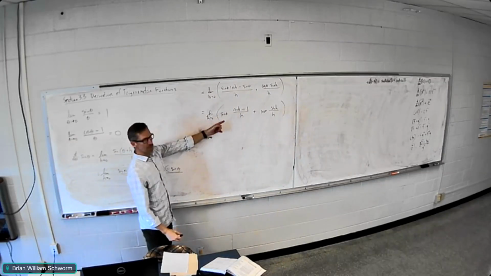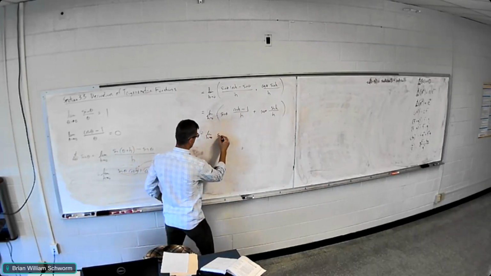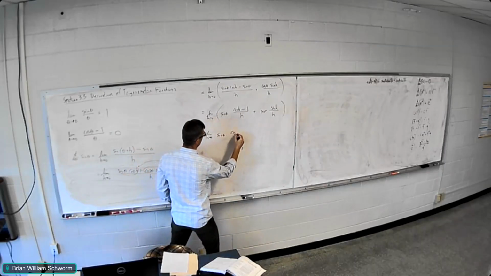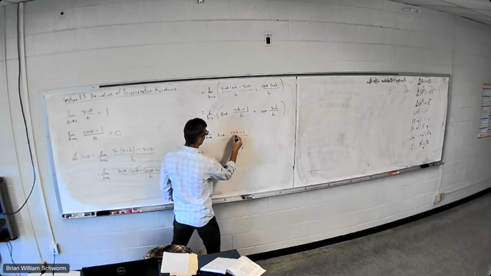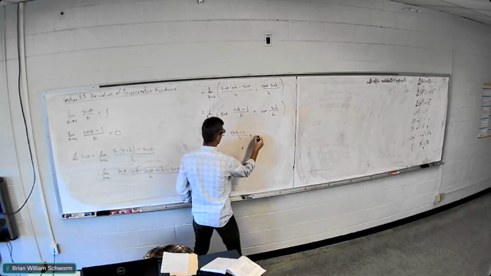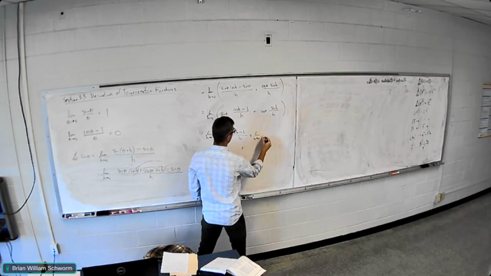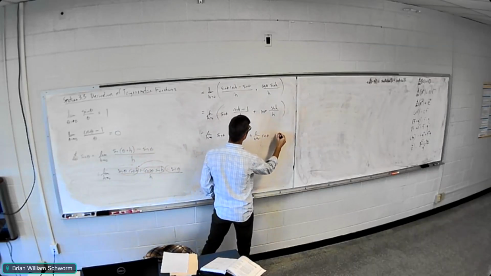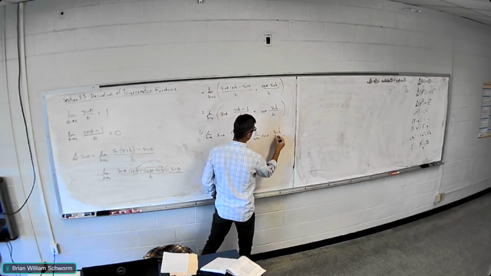I can apply the limit to each term individually now. Sine of theta, cosine of h minus 1 over h, plus limit h approaches 0, cosine of theta, sine of h over h.